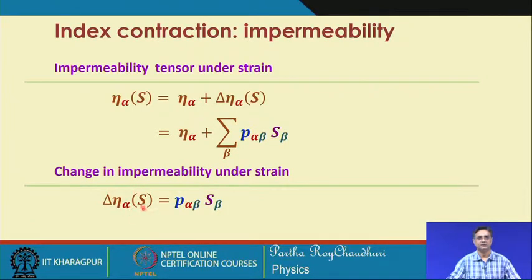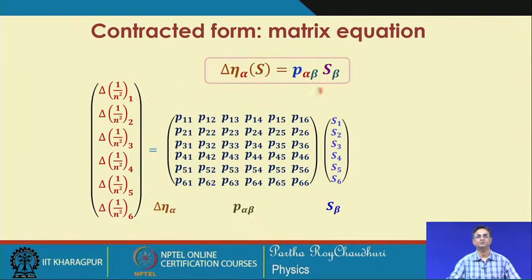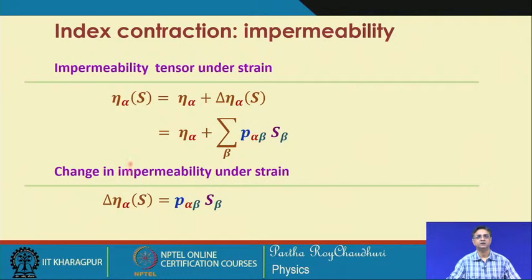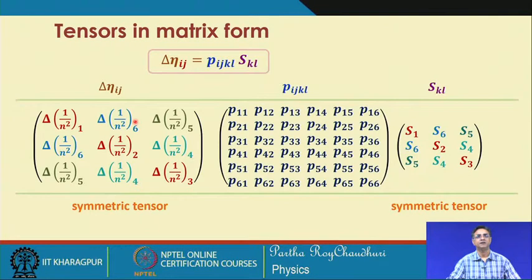And how this change in the refractive indices takes place in presence of the strain, in presence of the acoustic wave or in presence of any deformation, that can be calculated one to one. So, under this contracted form, you have all the elements, because earlier the form was like this is 3 by 3, this is 3 by 3, but this is your 6 by 6.